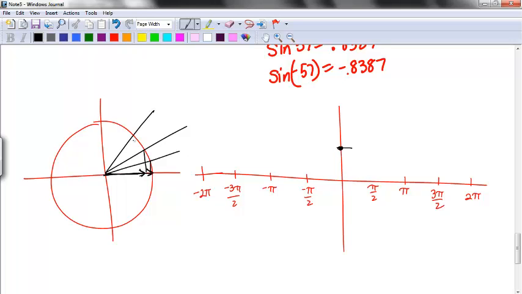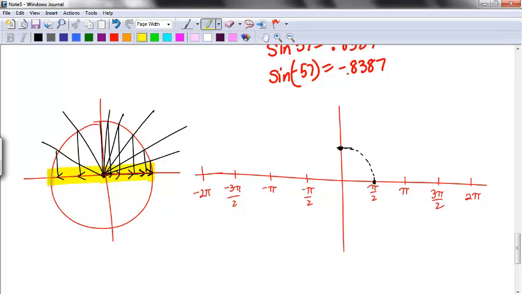As I come up, this cosine is just going to get shorter and shorter, till at pi over 2, it's back to the origin, back to 0. As soon as I come over here, it's going to the left, it's going negative. So the cosine is just going from 1 to 0, back out, down this way to negative 1.